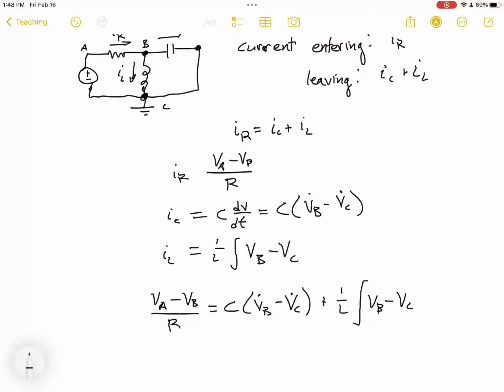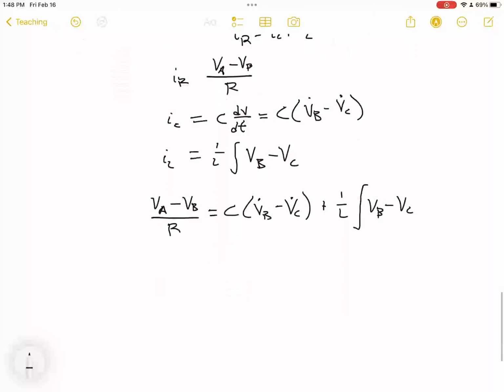And one trick that we can do when we see this integral is we don't really want to deal with it. Integrals are not so good. Well, they're fine. They're useful, but they're harder to analyze. And so if we just take the derivative of both sides, we can get rid of that integral.